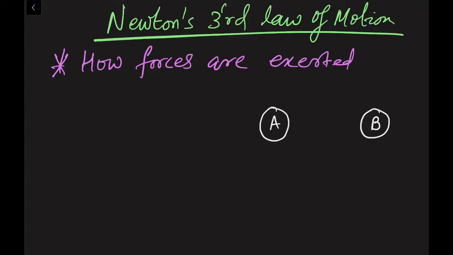Like, force on A by B will be in this direction, and force on B due to A will be in this direction. You can see the arrow.